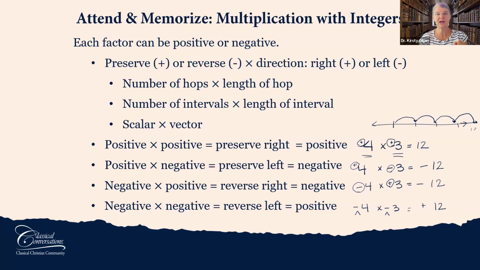All I want you to do is tell me, so I've got a red and a black. What's happening? I'm reversing my right, so I'm going to get a negative. I'm reversing my negative, so I'm going to get a positive. However your cards turn out, you could start there and then come back and say, okay, now we're going to do both parts.